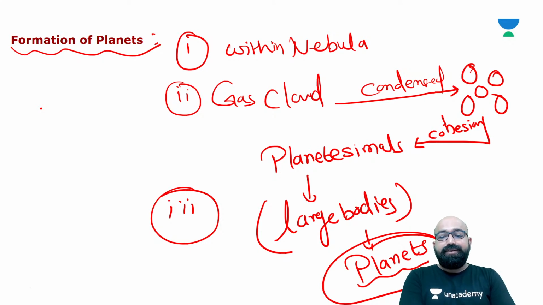Now friends, I'll revise the three stages of the formation of planets. The first, the stars are localized lumps of gas within a nebula.